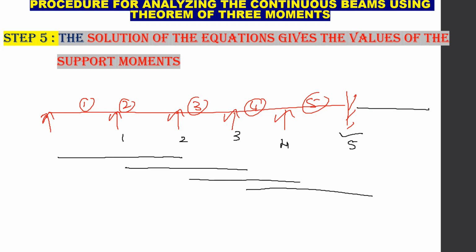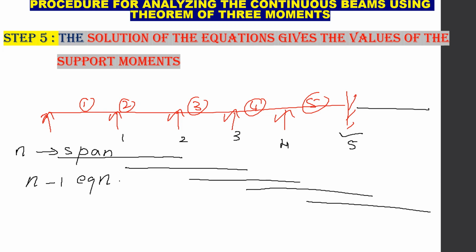So you will add a dummy span, and you will get 5 equations. So if there are n spans, you will get n minus 1 equations. Depending upon the unknowns, we will add a dummy span either to the right or to the left of the support. Solving these equations, you will get the values of the moments.